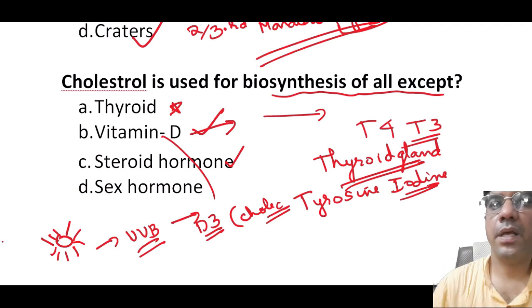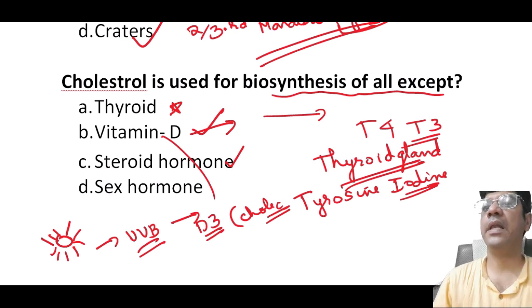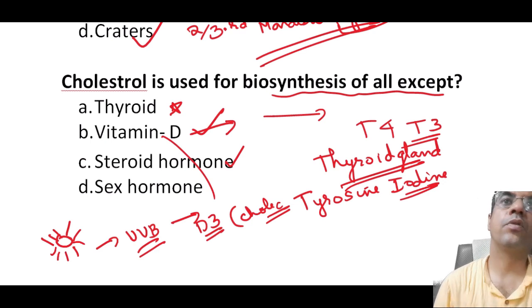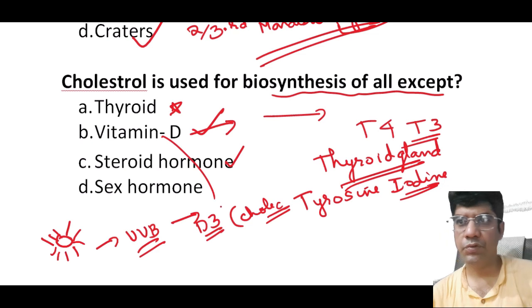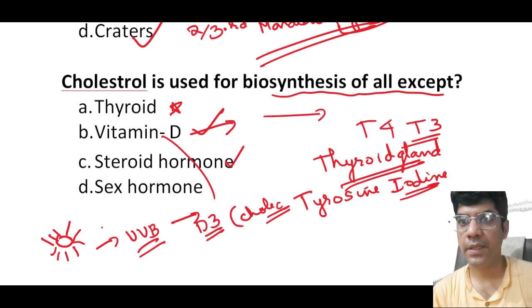Remember, in the female, estrogens are primarily produced in ovarian follicles and are involved in regulating the menstrual cycle, promoting the development of the female reproductive organs and maintaining the bone health. So the cholesterol is used for biosynthesis of all except, the answer would be here thyroid.